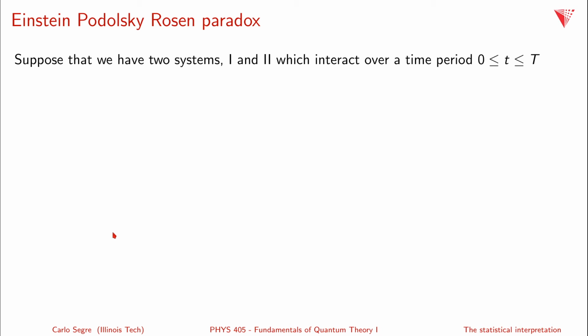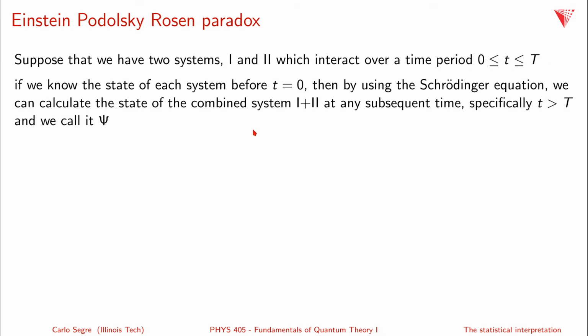So suppose that we have two systems, system 1 and system 2, which interact over a time period from 0 to t, capital T. If we know the state of each system before t equals 0, then by using the Schrödinger equation, we can calculate the state of the combined system, 1 plus 2, at any subsequent time. Specifically, the time is greater than capital T. And we'll call the wave function of the system at that point capital Psi.